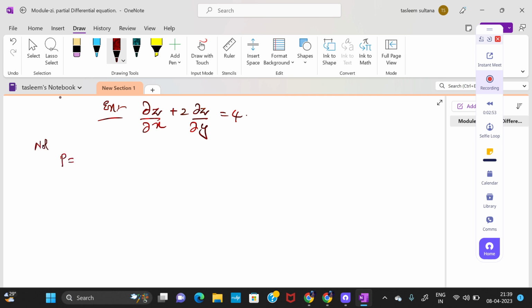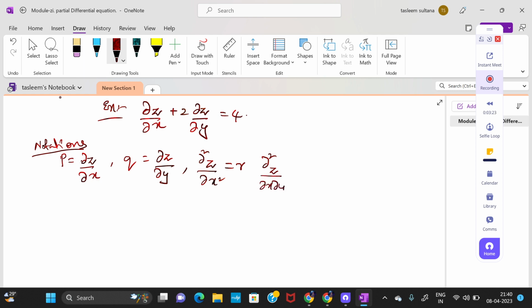Here p is equal to dou z by dou x, q is equal to dou z by dou y, dou square z by dou x square is equal to r, dou square z by dou x dou y is equal to s, and dou square z by dou y square is equal to t.